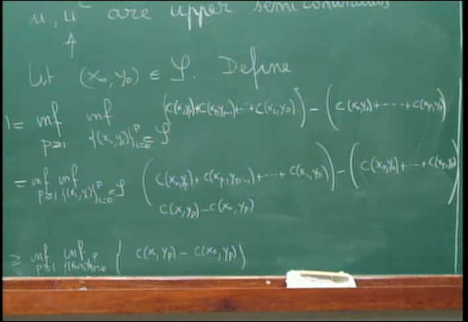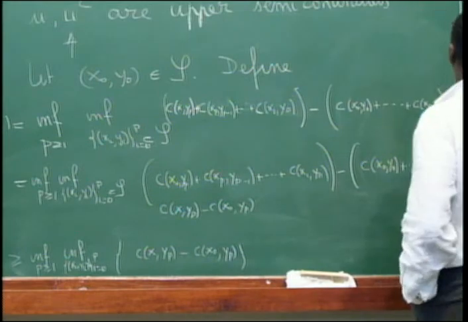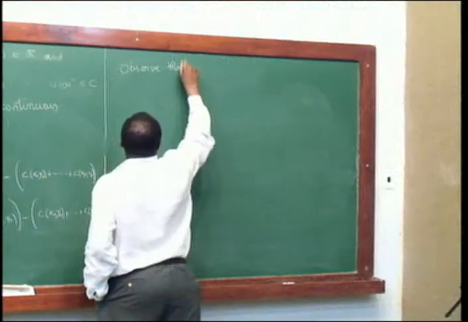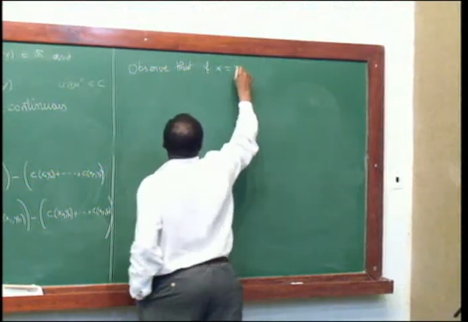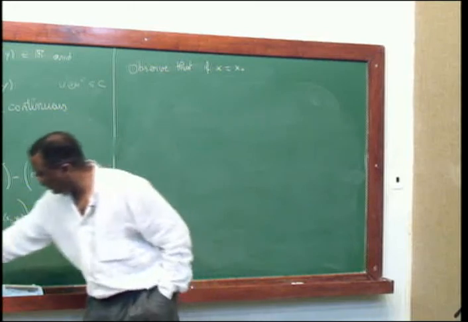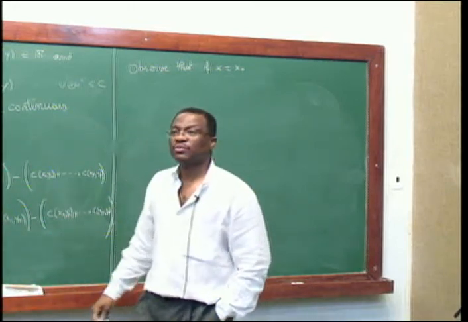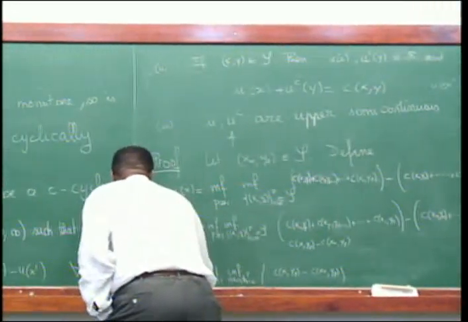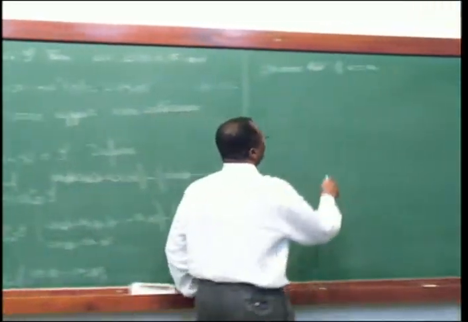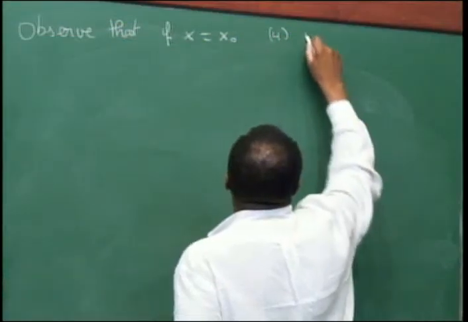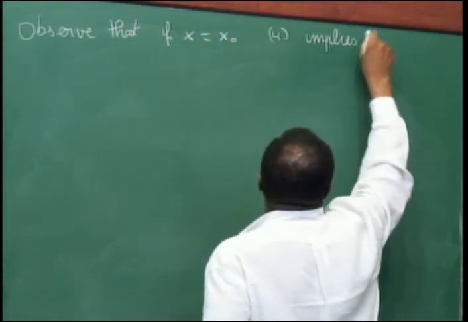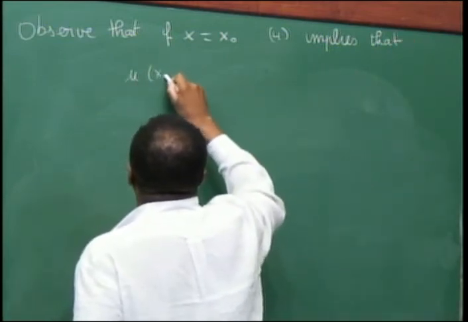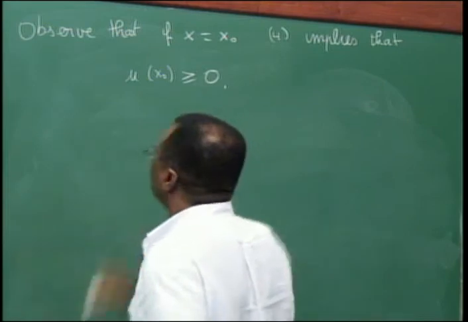So in particular, observe that if x equal to x naught, if I plug x by x naught here, this is 0. Call this 4. 4 implies that U of x naught is greater than or equal to 0.